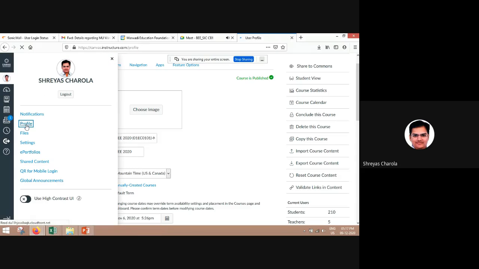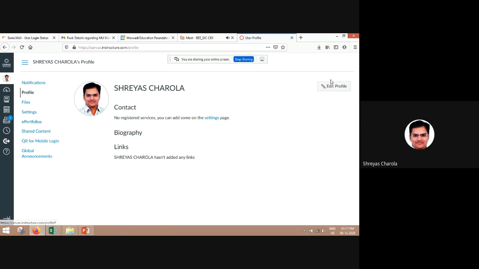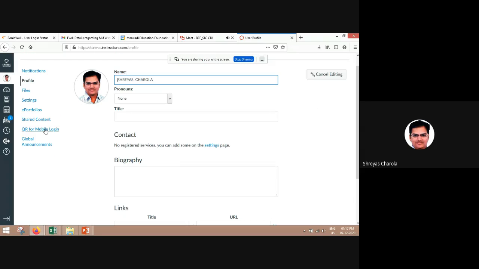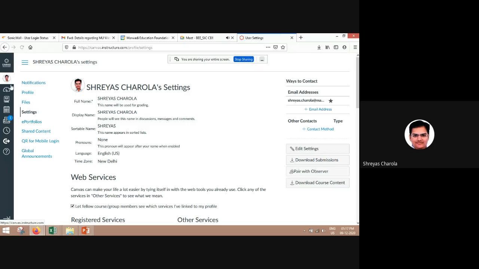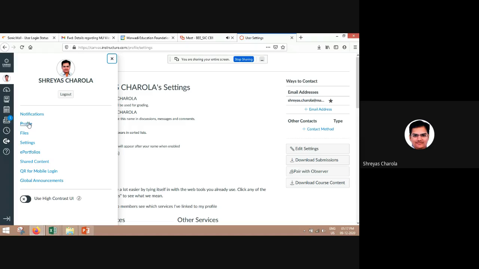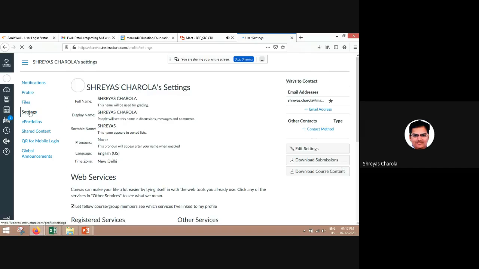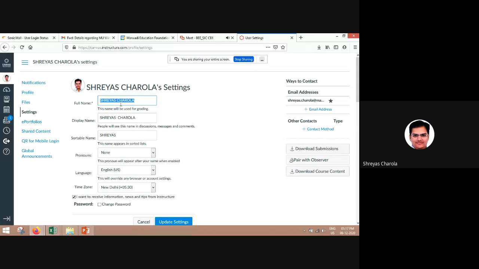Go to the profile and there go to the settings. In settings, edit settings will be there. Click on edit settings.